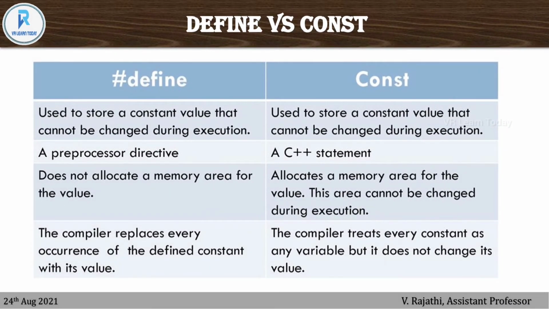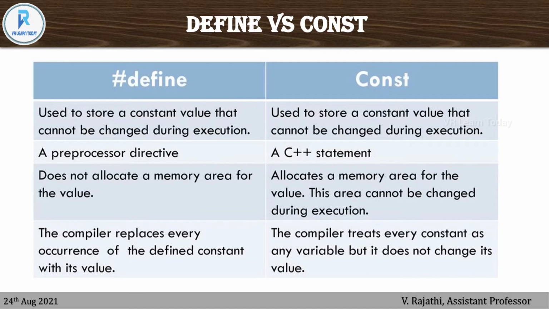So this is an example of define and const. Hash define is used to store a constant value that cannot be changed during the execution of the program. The const keyword is also used to store a constant value that cannot be changed during the execution of the program. This is a preprocessor directive because it starts with a hash. And this is a C++ statement, also a C statement. Hash define does not allocate a memory area for the value.